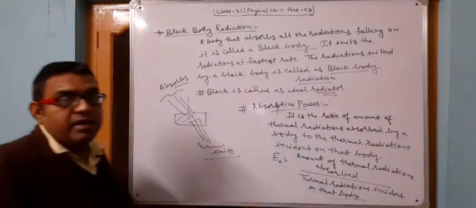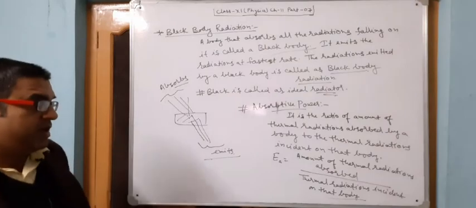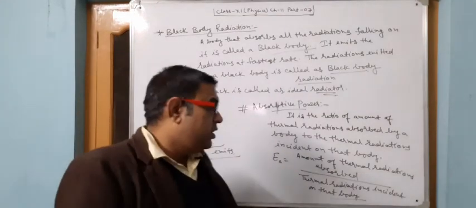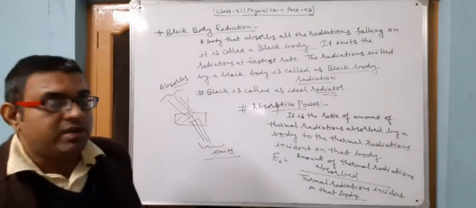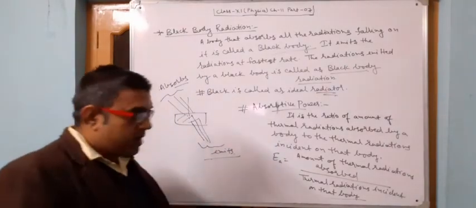It is the ratio of absorbed thermal radiation upon the thermal radiations incident on that body, and this ratio is called as absorptive power.